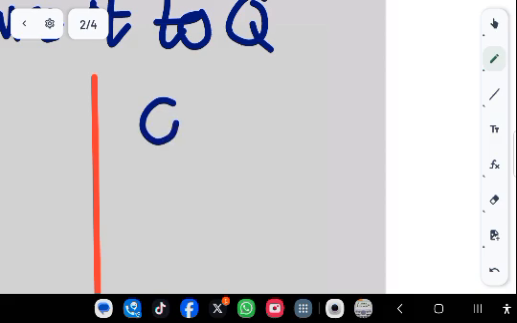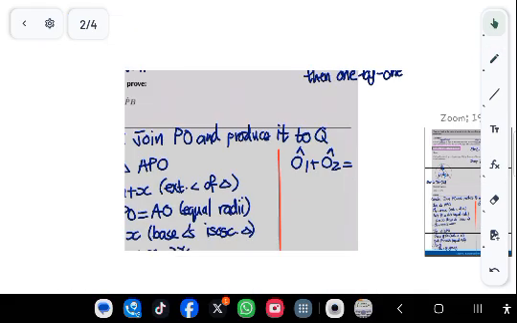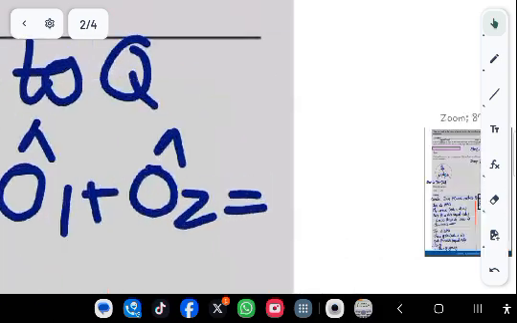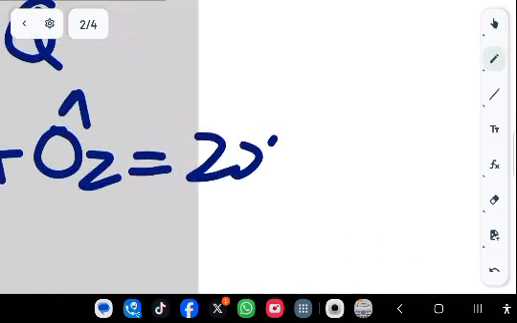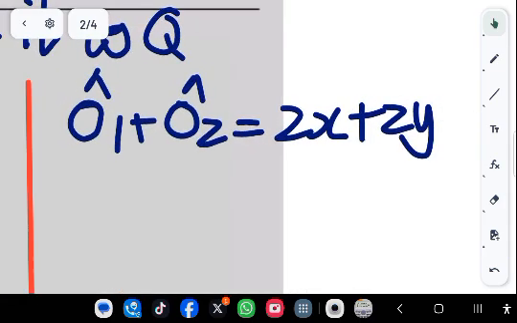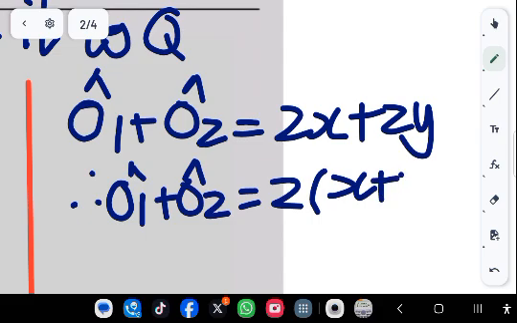Angle O1 is 2X and O2 is 2Y, so that will be 2X plus 2Y. And all we do now is take out a common factor. Therefore, angle O1 plus angle O2 equals 2 in brackets X plus Y.